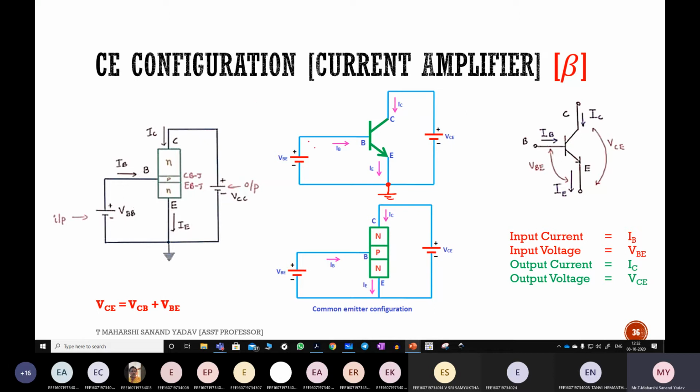Now tell me, what is the input current? IB. IB versus what is the input voltage? VBE, for different values of voltage VCE or VCB? VCE. This is nothing but input. Now tell me about output.